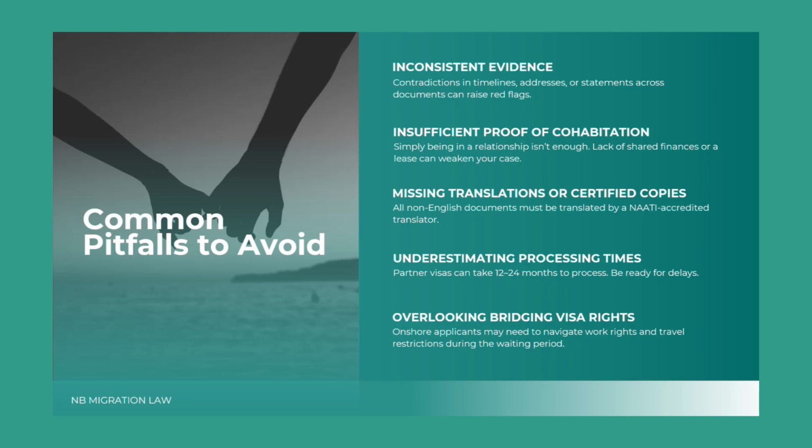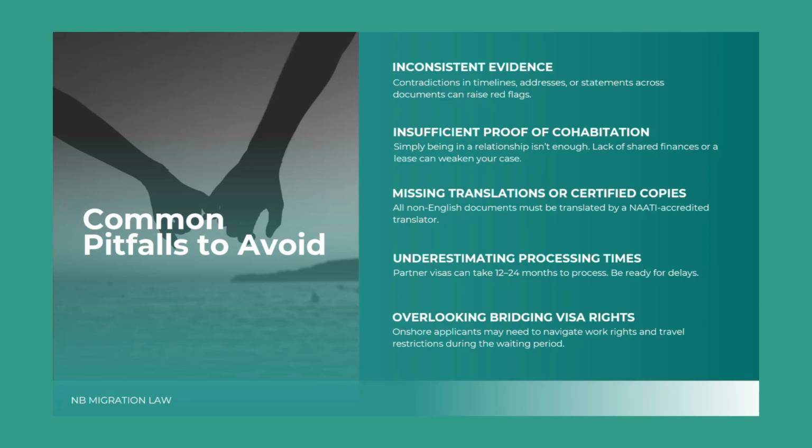The second one, insufficient proof of cohabitation. As I've mentioned previously, for example, you don't have a lease agreement and you only have other documentation that you have been living together, but sometimes it's not sufficient, right?